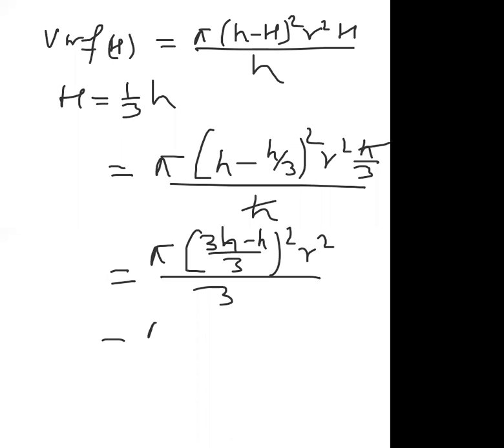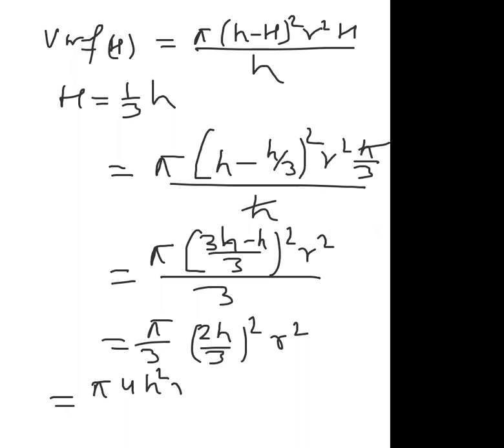It becomes pi by 3, this will become (2h by 3) whole square r square. I could write it as 4h square r square upon 27.